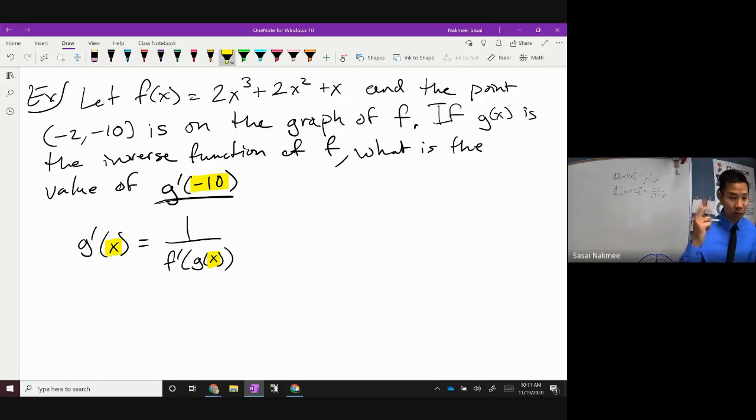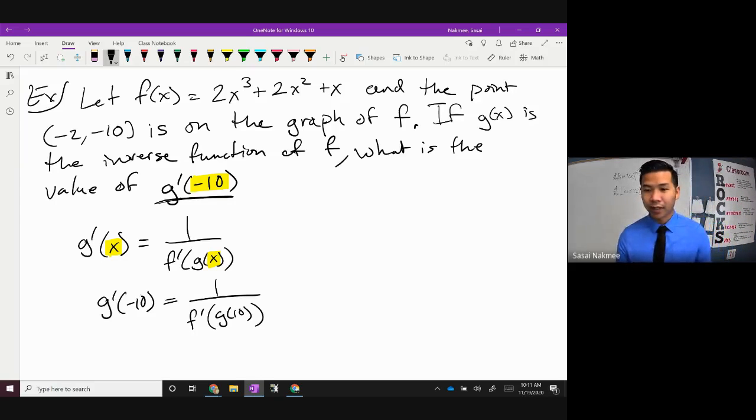I need to find two things in order for this to work. In order for me to find g prime of -10, I need to find first what the heck g of -10 is. And once I find that, I'm going to plug it inside the derivative of f of x.